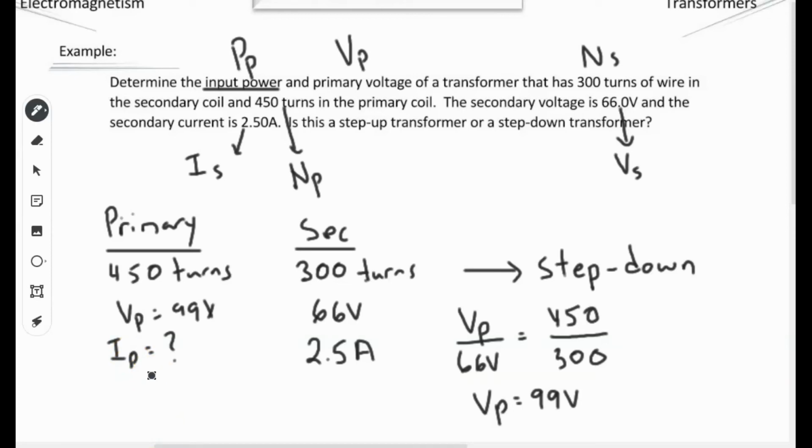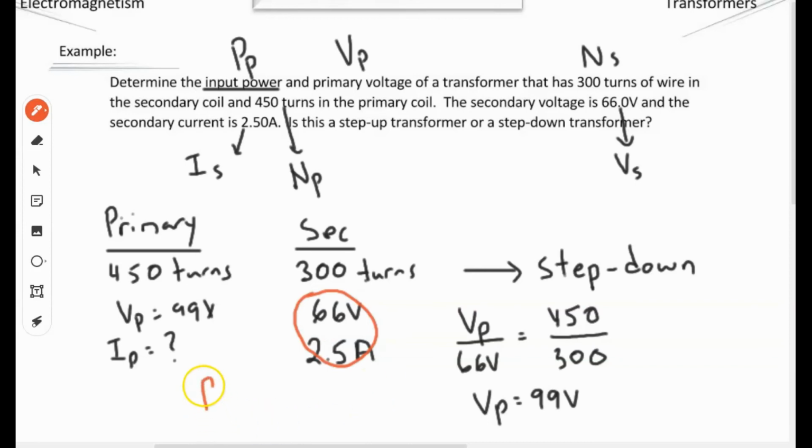Or you can actually make this a one-step problem if you remember energy is conserved, meaning the power through the secondary coil must be the same as the power through the primary coil. And we already know the voltage and the current through the secondary coil. So we can easily calculate in one step what that power is. And knowing that it must be the same as in the primary one, then we're all good.